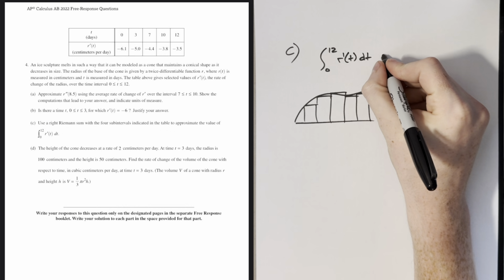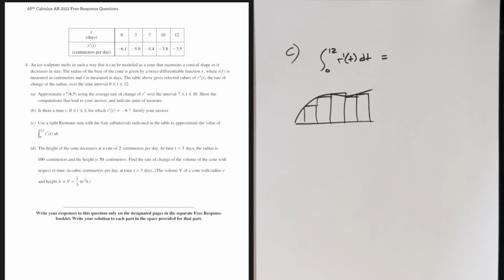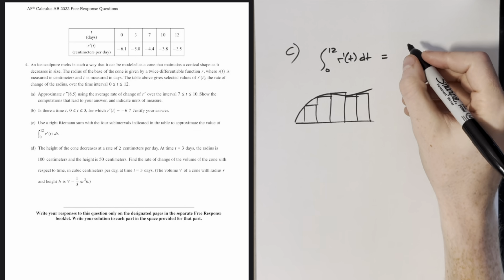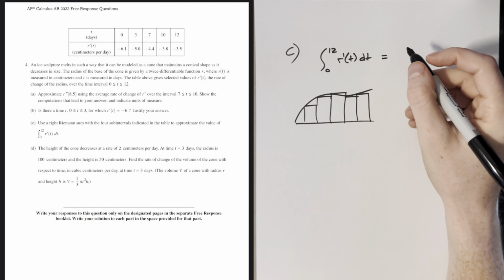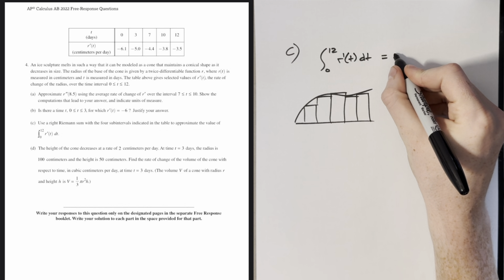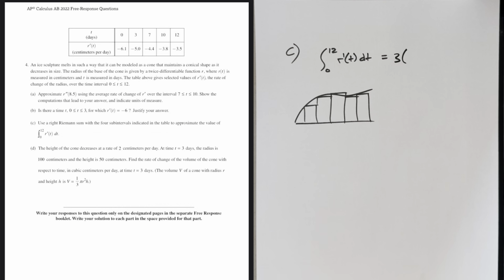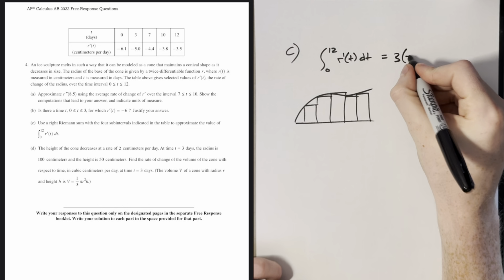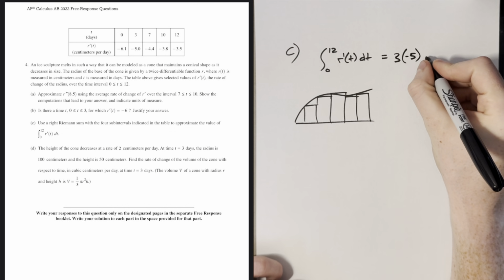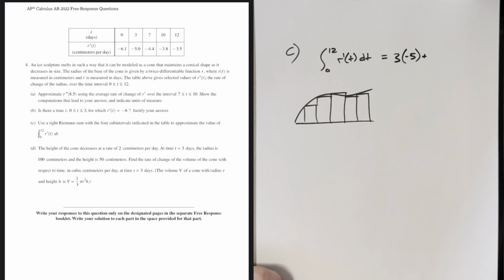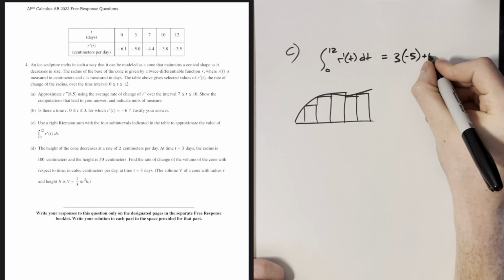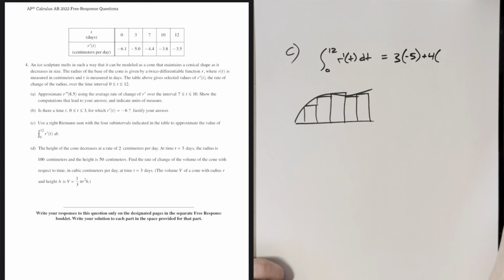So to approximate this, I'm going to take the length of my interval. My first length is from 0 to 3, so its length is just equal to 3. And I will multiply that by the value on the right side of that interval, which is -5. The next interval is from 3 to 7, so it has a length of 4.